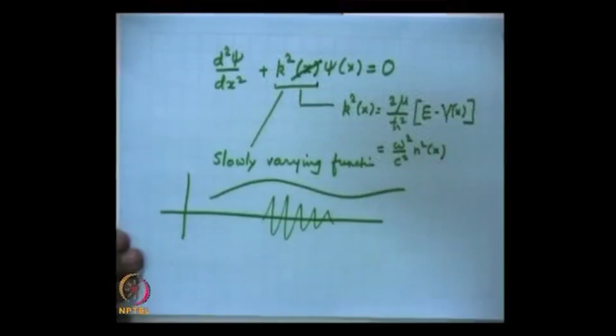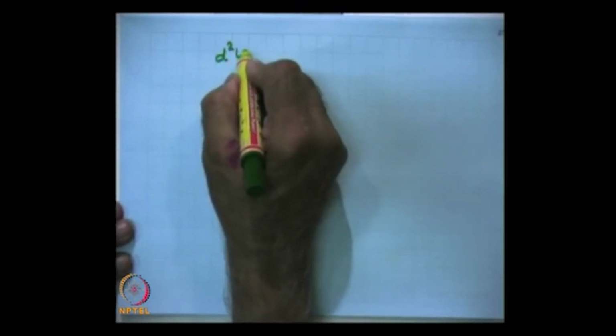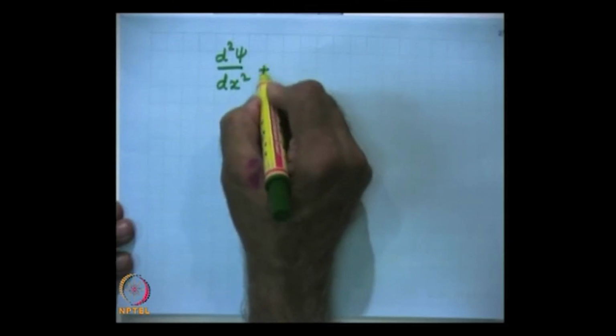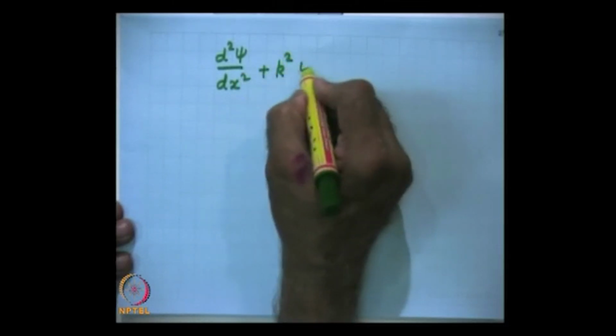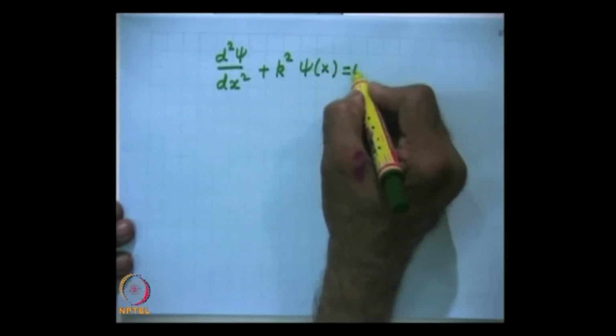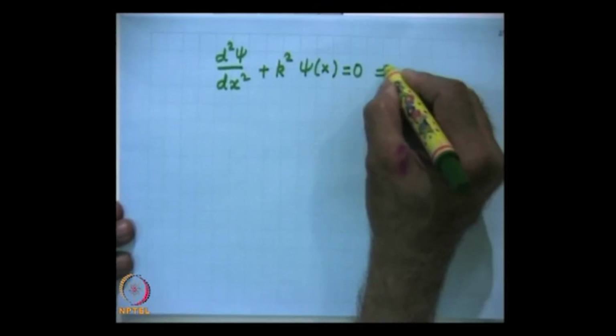So, in the first approximation, let us assume that k square is totally independent of x. So, the equation is psi double prime plus k square psi of x is equal to 0. If this is not a function of x, then we know the solutions.